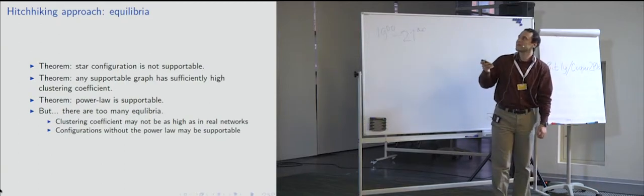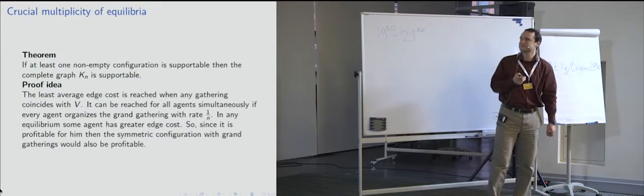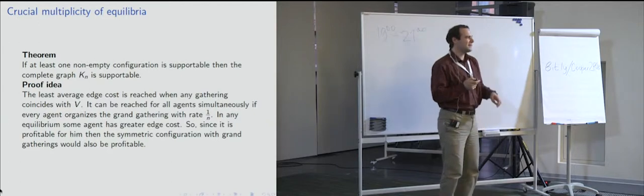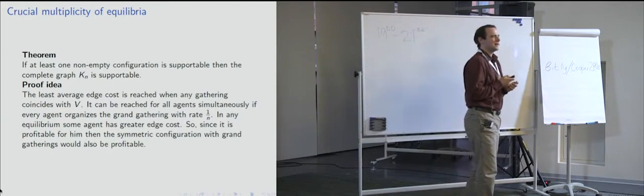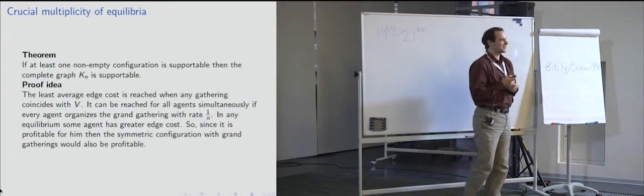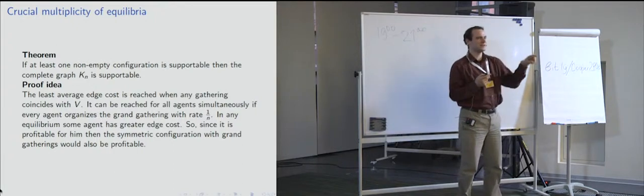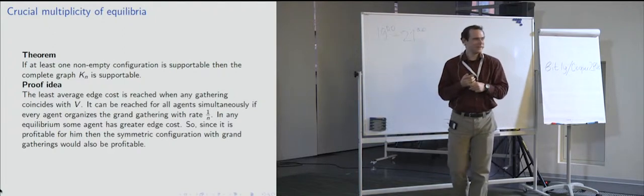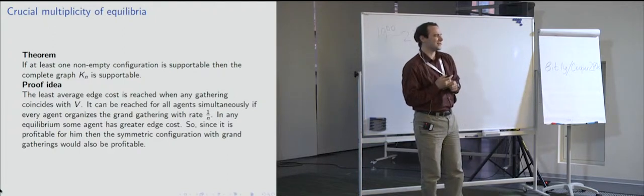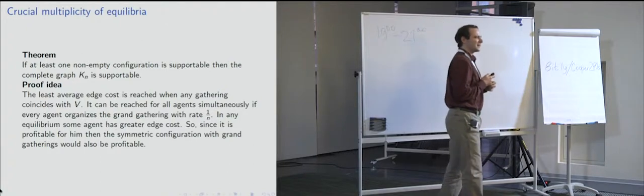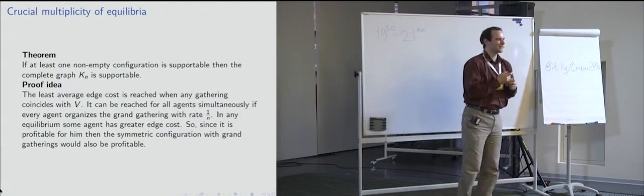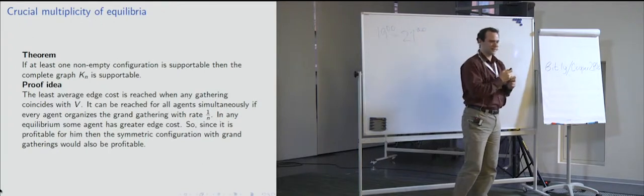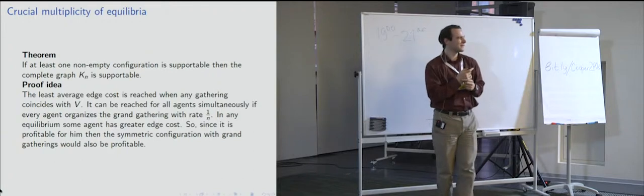And maybe the most disadvantageous thing is that if at least one non-empty configuration is supportable, then the complete graph is also supportable. The reason is increasing returns to scale, because the larger the gathering, the cheaper is one connection in it.